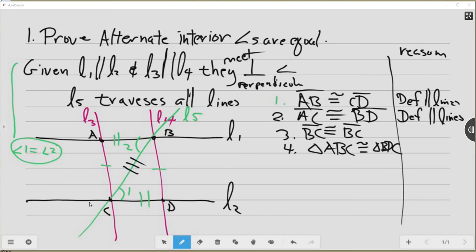Okay, and so I'm arguing that these are congruent. Now, this is called the identity of itself. Okay, I'm arguing these are congruent.